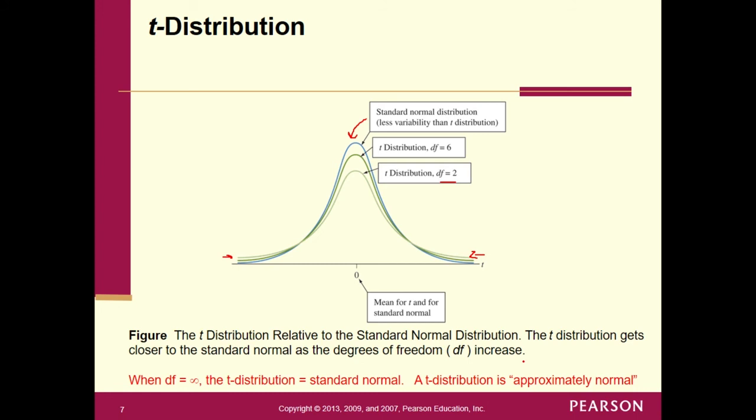So basically, you can think of the t-distribution as an approximately normal distribution. It's almost normal. You've heard that term before when we talked about the central limit theorem. This is the reason why we called it approximately normal here. It's almost normal.